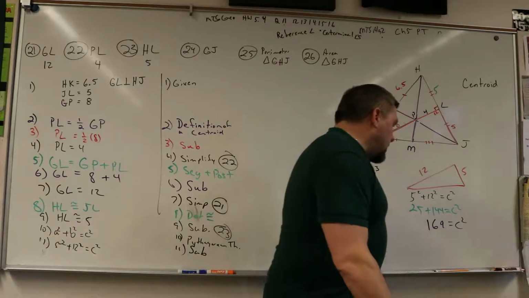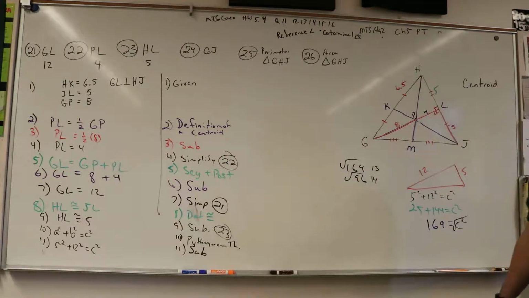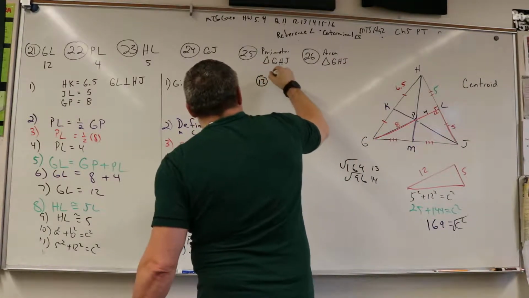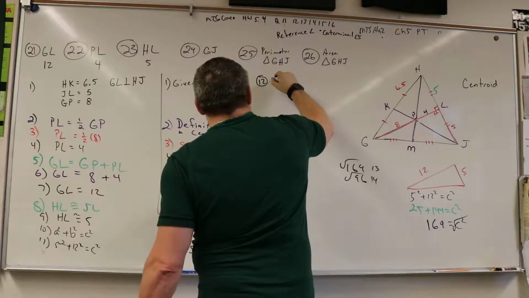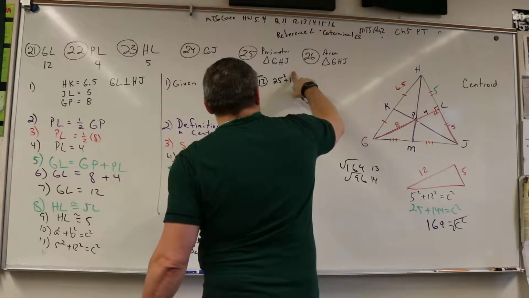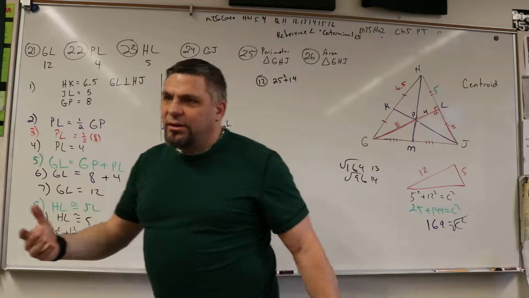Okay. And so then we come up with, well, find the square root. So we've got 12, right? Is going to be 25 squared plus 144. So we did a lot of simplification, didn't we?